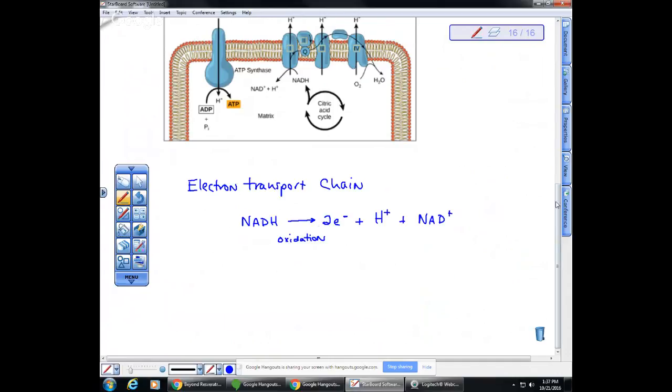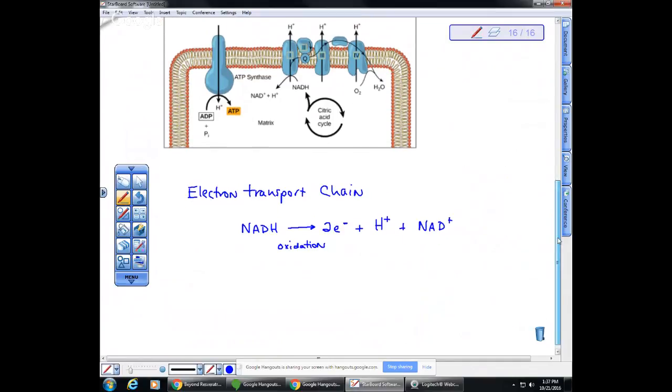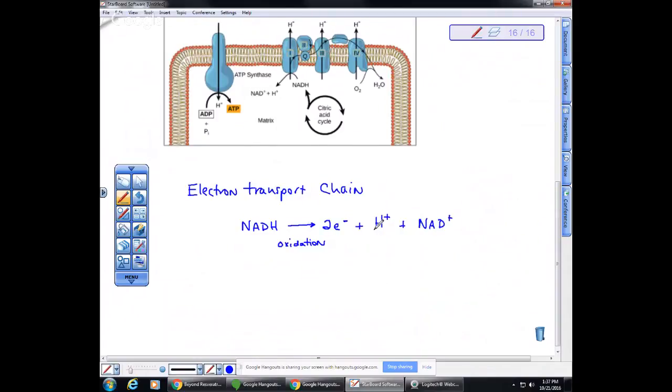So what happens is that we have these proteins in our plasma membrane. The proteins pick up the electrons and move them. Now this is energy.